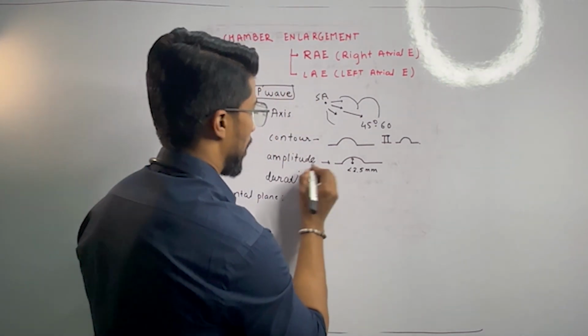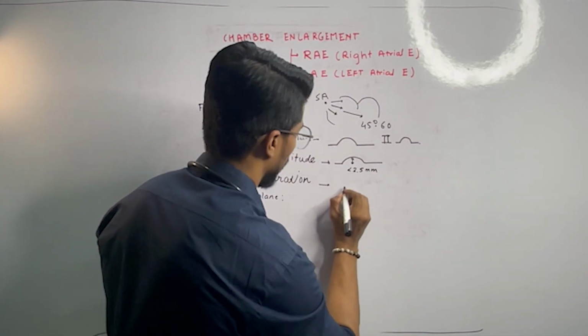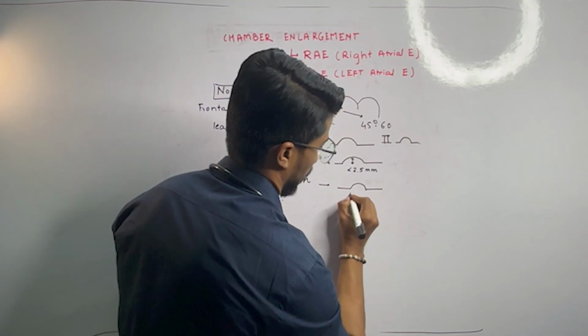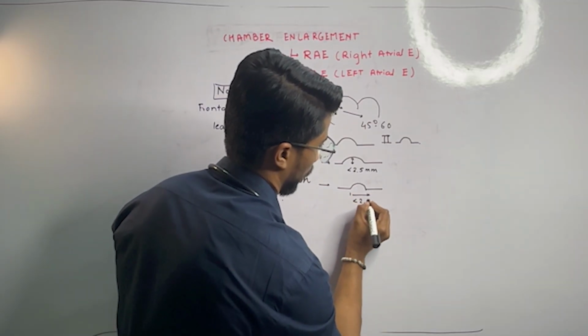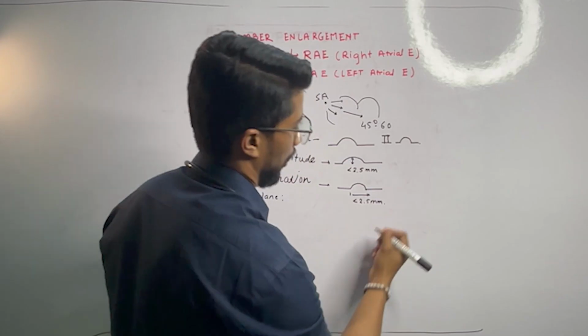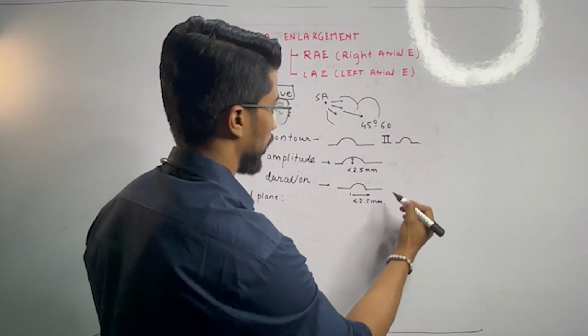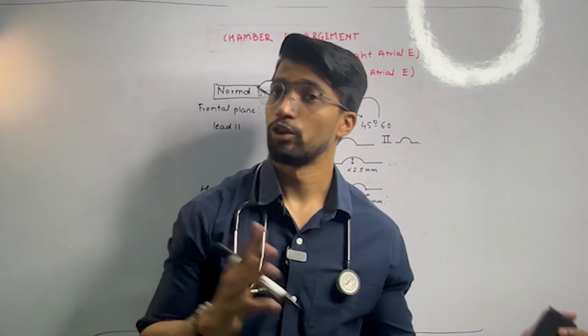So amplitude is always less than 2.5, the rule of 2.5 for the sinus P wave. The duration is also going to be less than 2.5, which you can say roughly 3 small boxes as well. So amplitude and duration are important to us, and both have to be less than 2.5 if it's a normal sinus P wave.